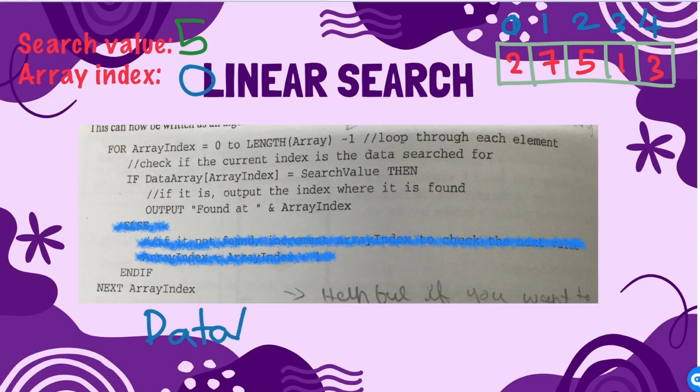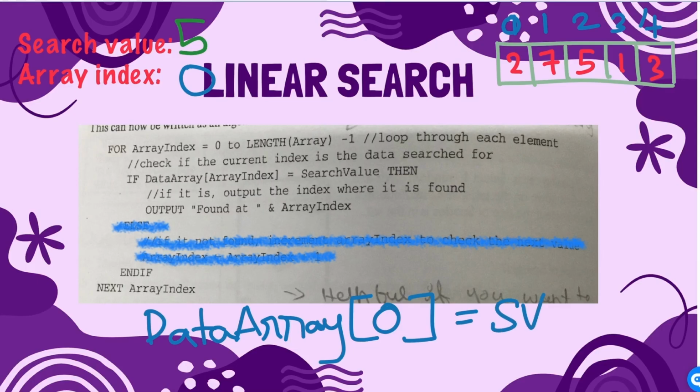Data array is the array name, and you have the square brackets. And what was array index? It was 0, so we're going to put 0 in the square brackets, right? If that is equal to the search value. And let's say our search value is 5.